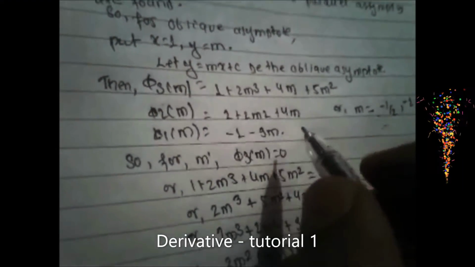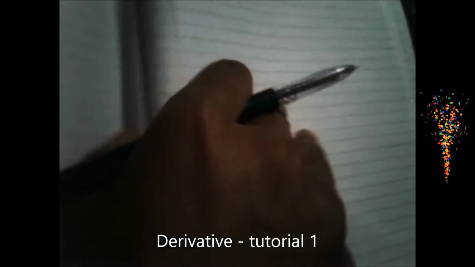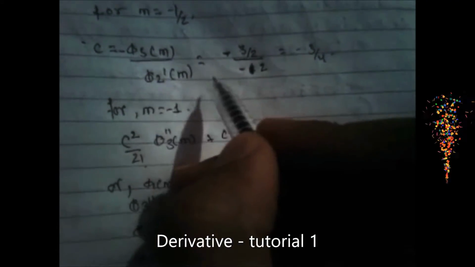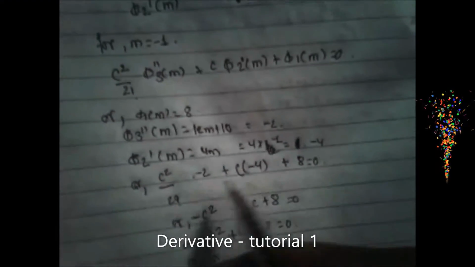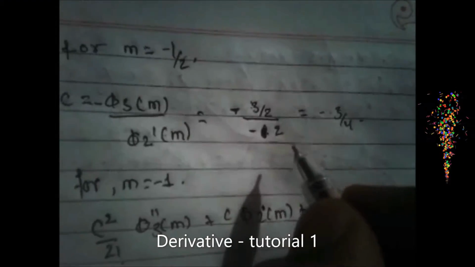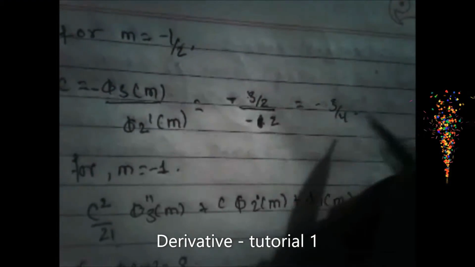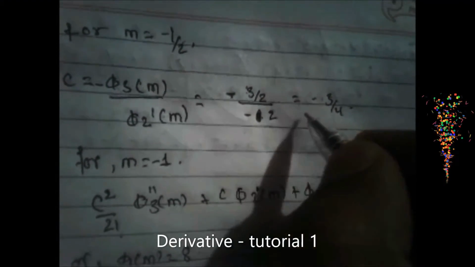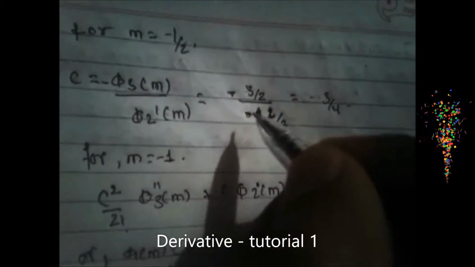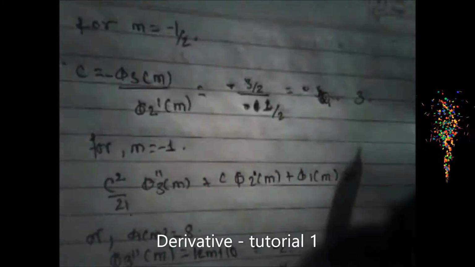From here phi 2m, phi 2 dash m we will change here. When we put this value of m is minus 1 by 2, it would be 1 by 2 minus 1 by 2, so the value of c would be 3.